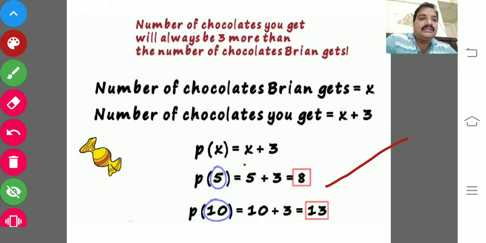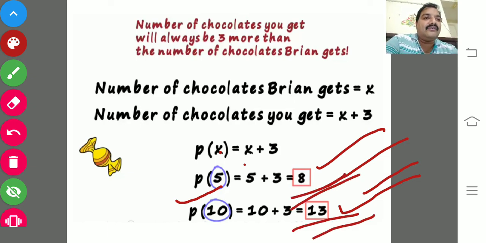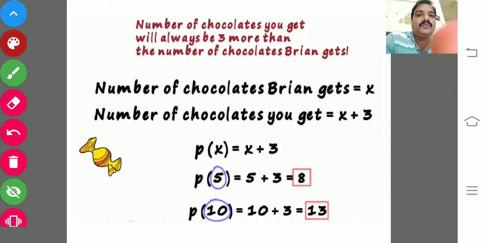Suppose Brian has 10 chocolates, instead of x we substitute 10. So 10 plus 3, you will get 13 chocolates. Why did I explain this illustration? These values, 8 or 13 or 15 or whatever it may be, this final solution is nothing but a value of a polynomial. I hope you could understand.